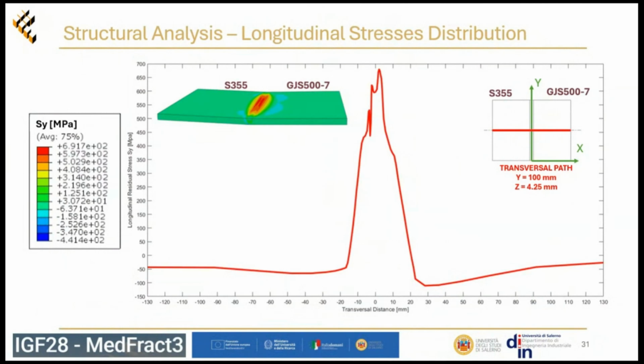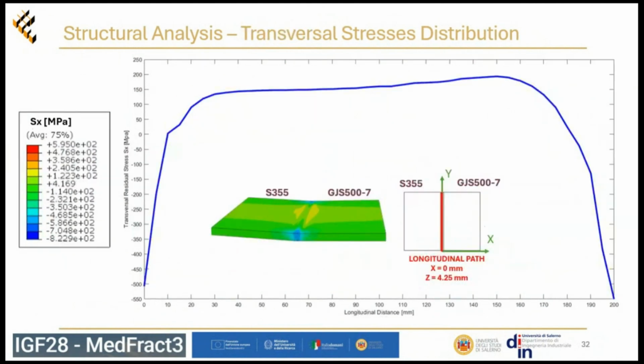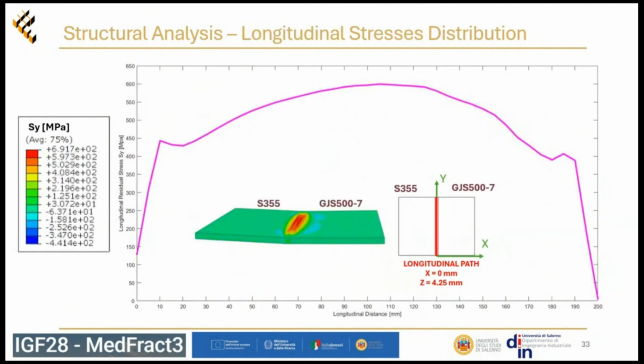This is because we simulate the filler material as cast iron, so with the same properties of cast iron. This is the stress distribution for a longitudinal path in the middle of the welding bead, and this is the longitudinal stress distribution for the same path.